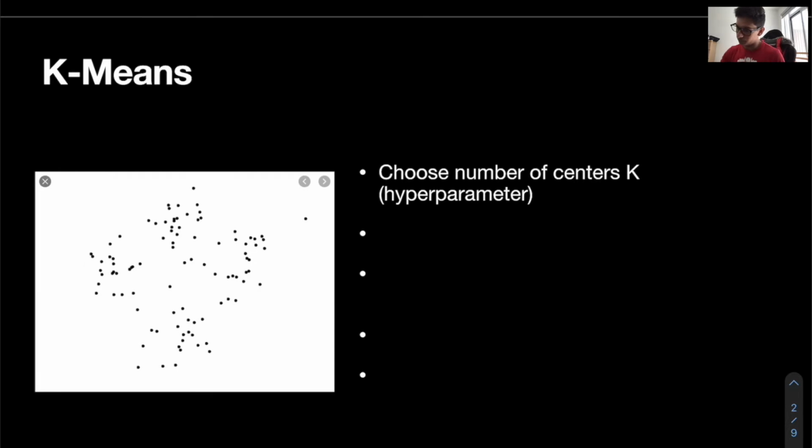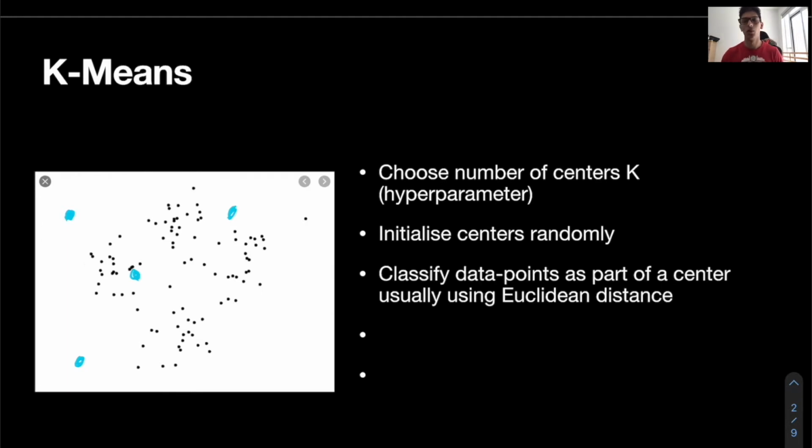The next thing we do is initialize the centers of these groups completely randomly. So let's say we have one here, one somewhere here, one somewhere here. Now what we essentially want to do is classify each one of these data points as belonging to one of these centers.